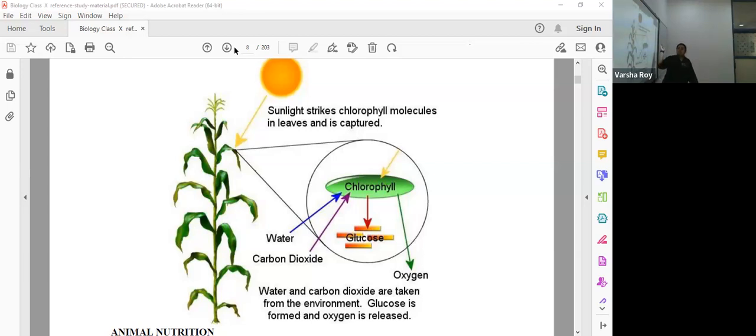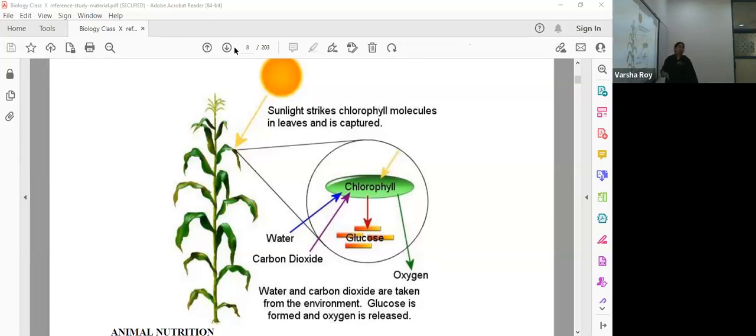The earth is rotating on its own axis. Revolution gives seasonal change, लेकिन day and night effect पड़ेगा rotation on its own axis of the earth. तो the daytime में maximum उसके पास एक chance है कि वो sunlight को trap करेगा, right? Sunlight strikes the chlorophyll molecules in leaves and is captured. So for that, the leaf is well adapted.